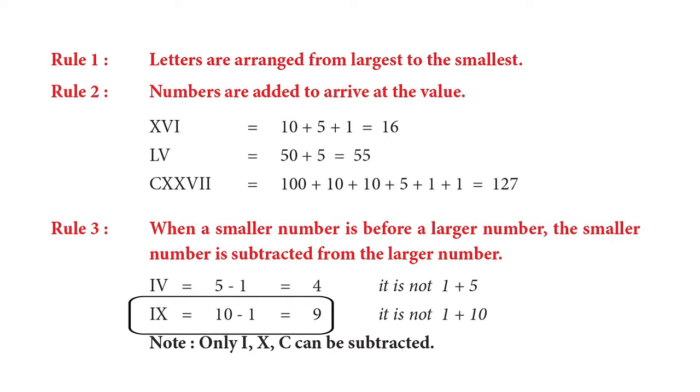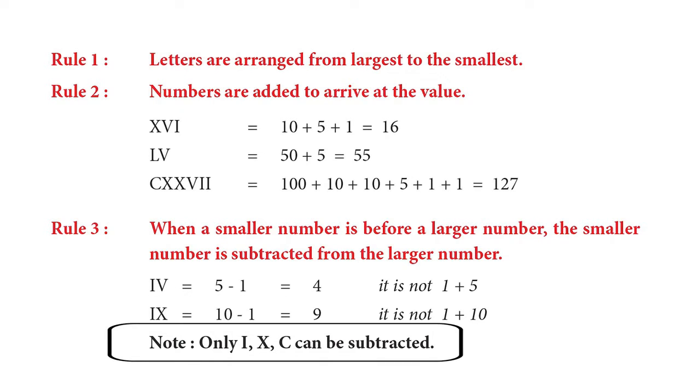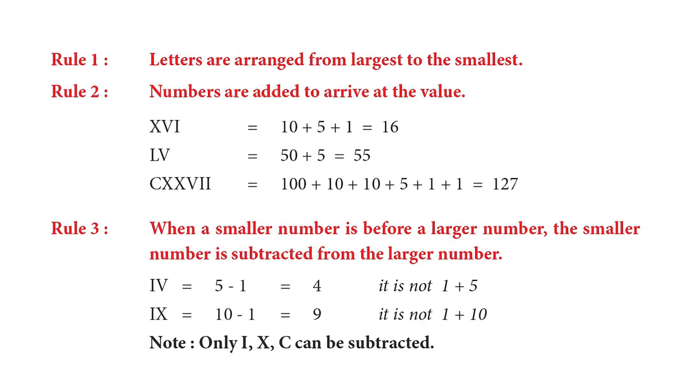So remember this rule, when a smaller number is before a larger number, we always subtract that smaller number from the larger number. Look at the note below, only 1, 10 and 100 can be subtracted. Only 1, 10 and 100 can be subtracted. Remember the symbols for 1, 10 and 100.